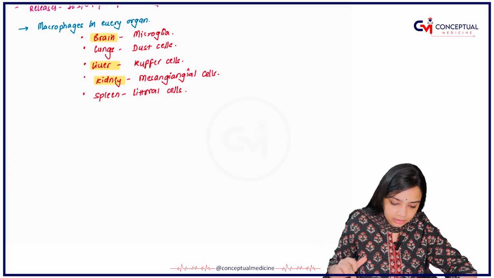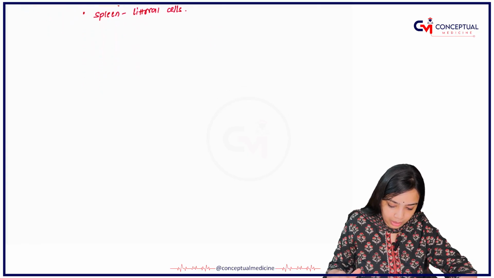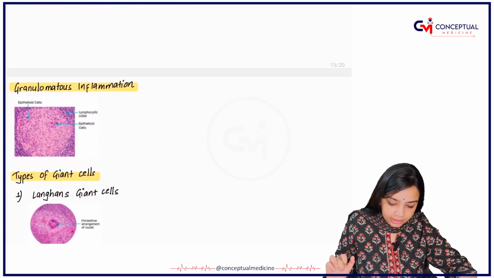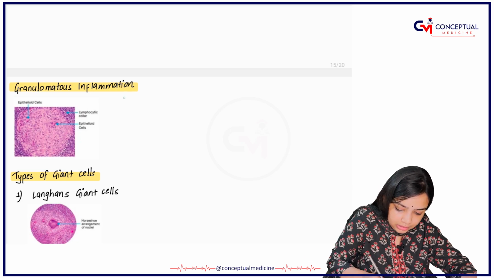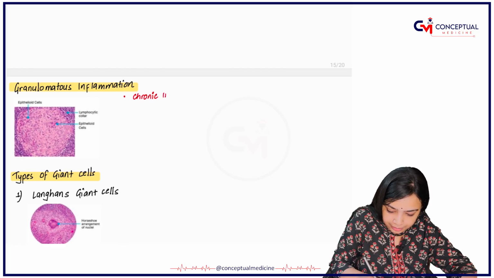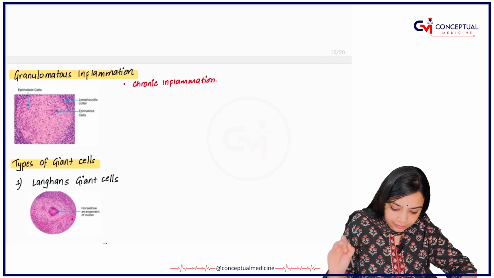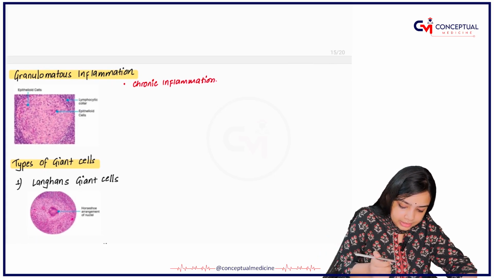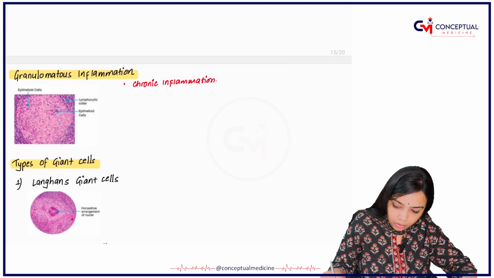Now next thing that I will be talking about is granulomatous inflammation. What is granulomatous inflammation? It is basically a subtype of chronic inflammation. If I talk about the components, see this figure, you are able to appreciate the components.